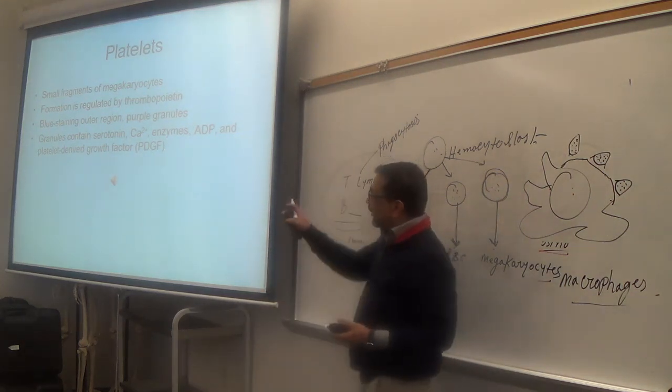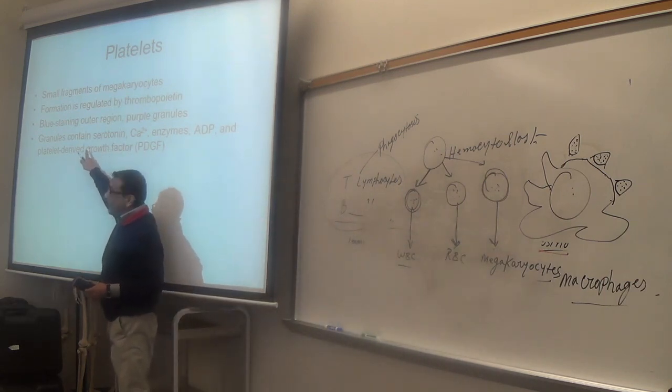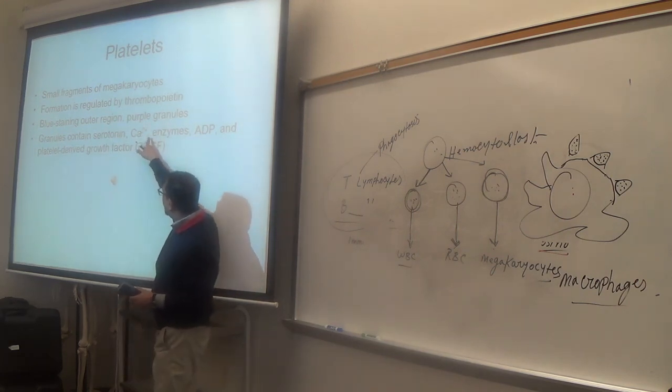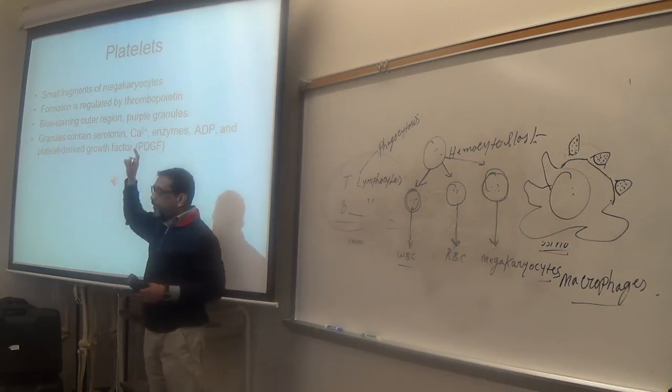Now, I said that there is cytoplasm and some granules. And those granules contain serotonin, calcium ion, some enzymes, ADP and PDGF.